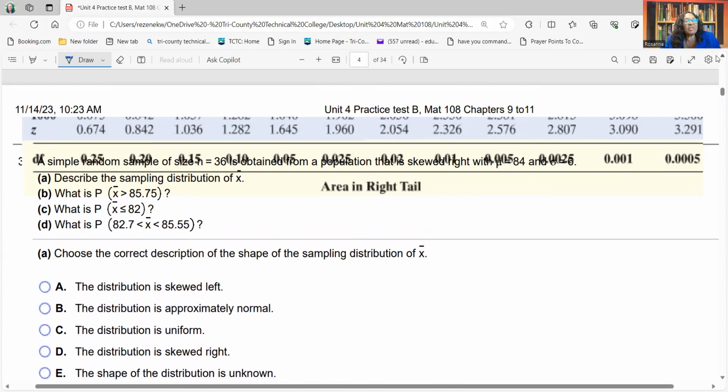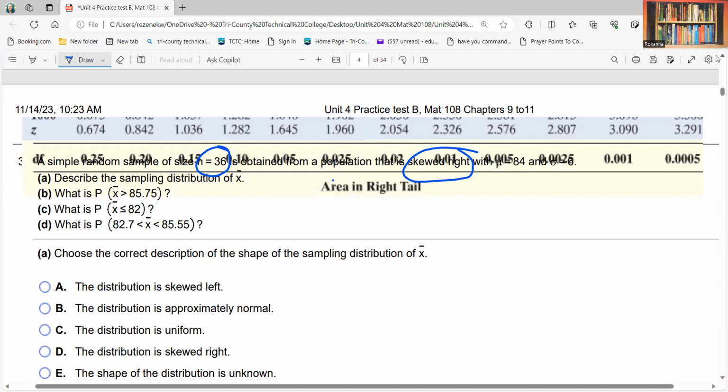This says describe the sampling distribution of X bar, but this question says a simple random sample of n equal to 36 obtained from a population that is skewed right. Everybody look, skewed right. I got to stand up and say this. When I set this question in the exam last year, some people, when they saw skewed right, said that is not enough information.